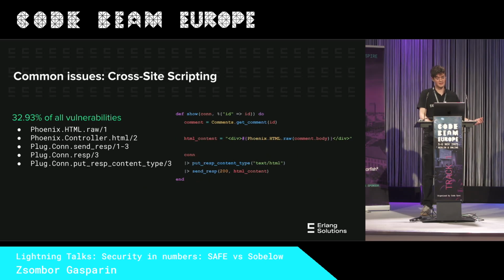The other common category was cross-site scripting. This can happen when a malicious attacker can inject runnable code on other clients' browsers. By default, Phoenix is very safe, and it doesn't let anyone do that. But there are some escape hatches that can be used sometimes in very special cases.